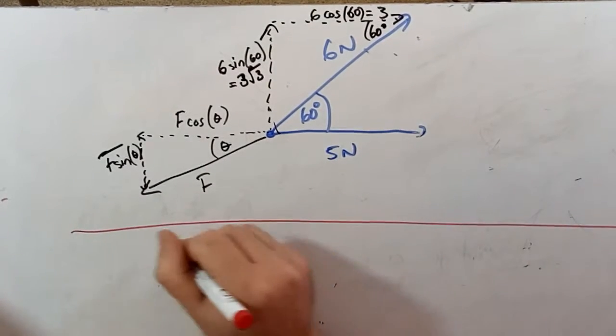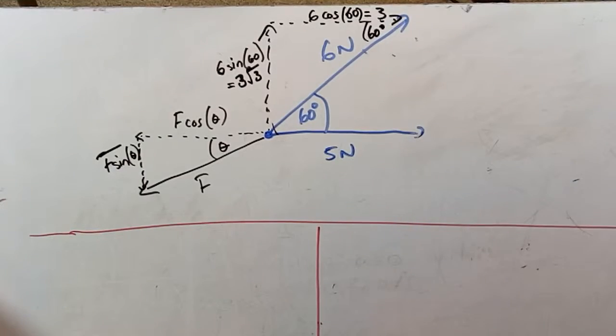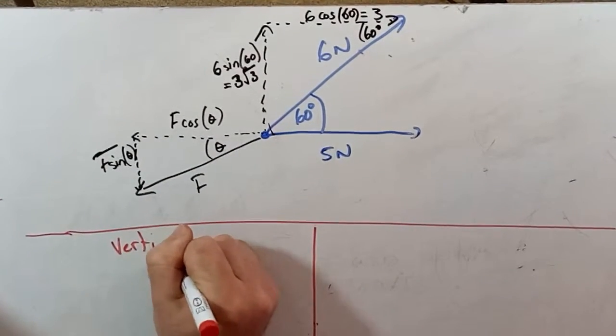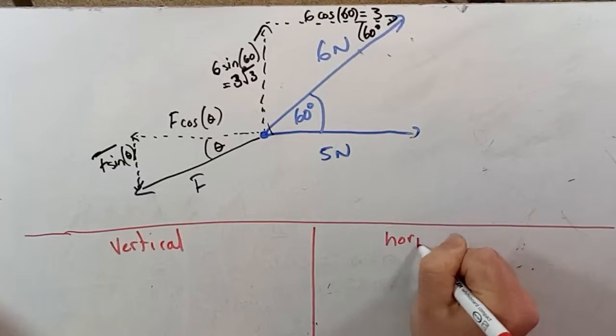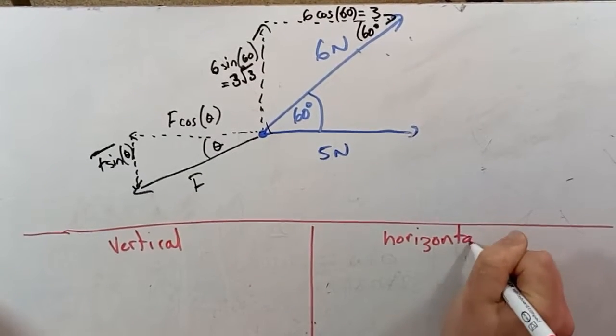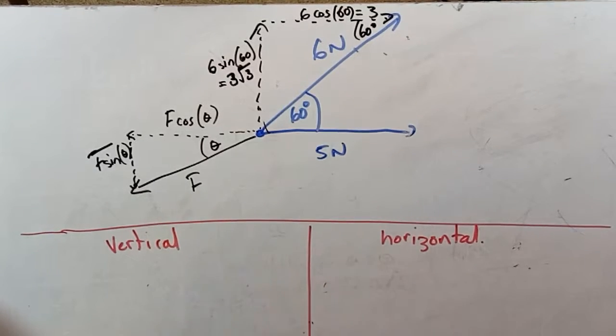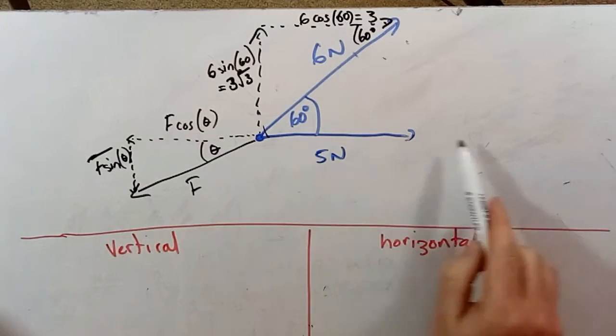Okay, so separate it up into 2 sections. We've got vertical and horizontal. So let's go vertical, horizontal. Okay, so horizontally, what do we have? We've got this way.